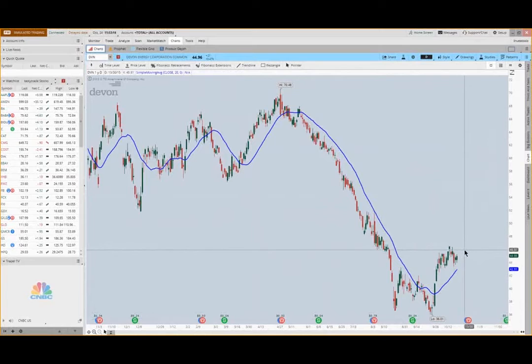We always like to be out ahead of earnings unless we're using one of our earnings strategies, but let's, for argument's sake, say that DVN here, Devon Energy, has bottomed out. We've got a potential double bottom here. It's bottomed out, and we think that DVN is going to go on a nice move higher, okay? It's going to move up to challenge those previous highs. We're not quite sure about the time frame, but we think it's going higher.